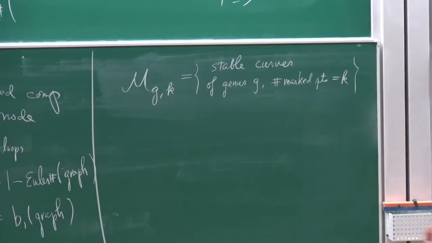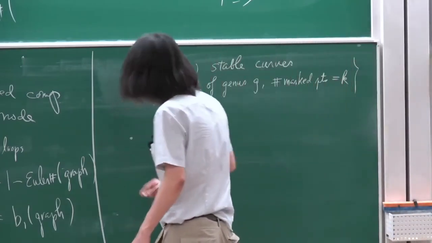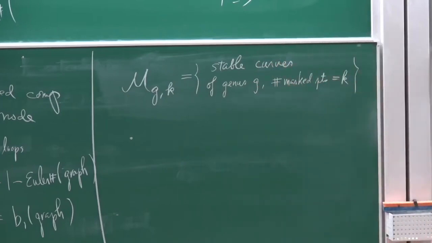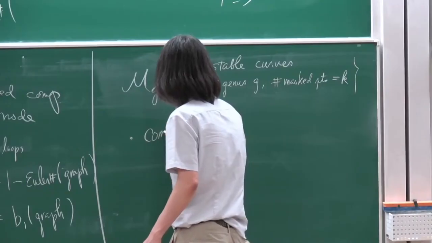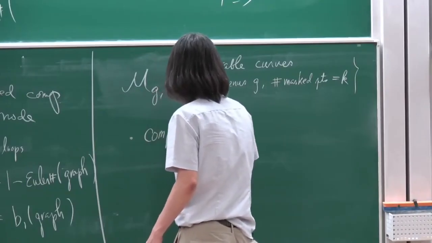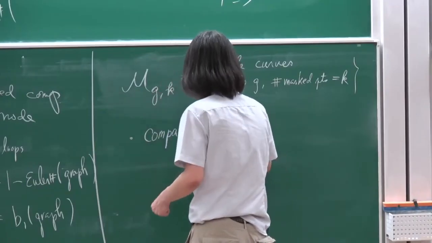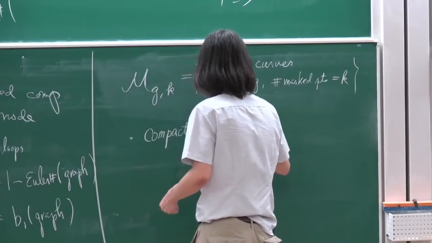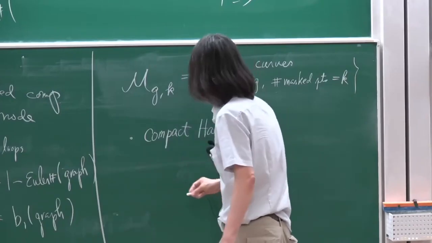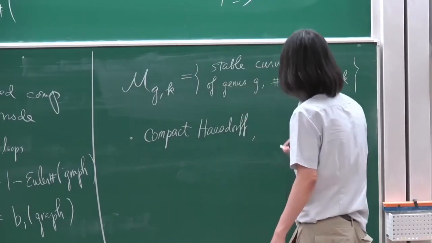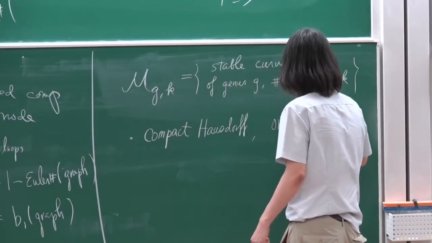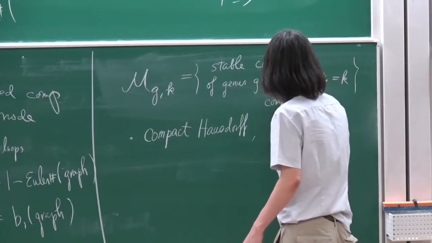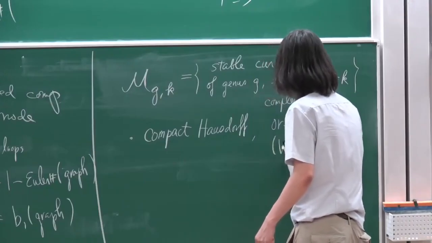And it is known that it is a compact Hausdorff space, and in fact it has an orbifold structure. It is a compact Hausdorff space, and also it is a complex orbifold, or maybe a Deligne-Mumford stack.